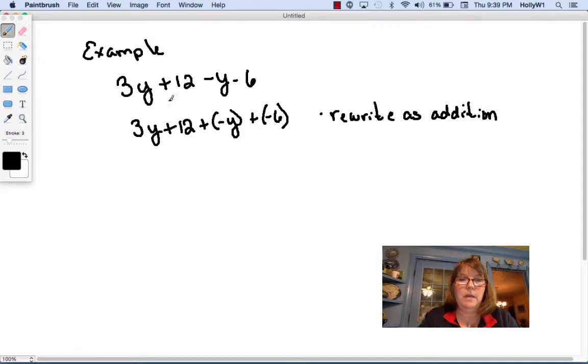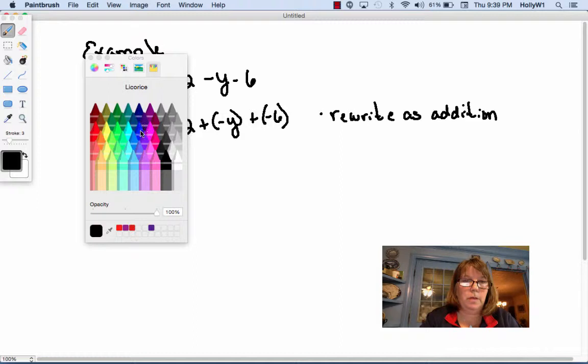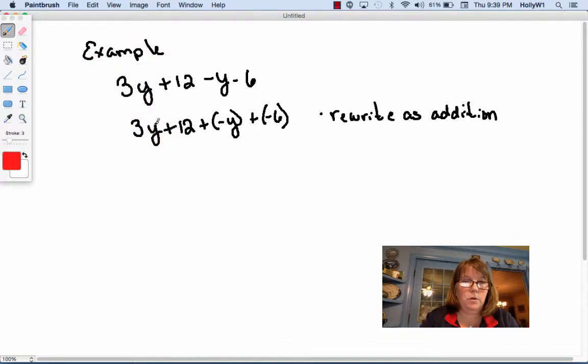All right, now let's start identifying like terms. Let's change our pen color. I'm going to do this in color, and I'm going to do it in different shapes because sometimes you guys don't have colored pens. So we're going to put a circle around all the like terms.